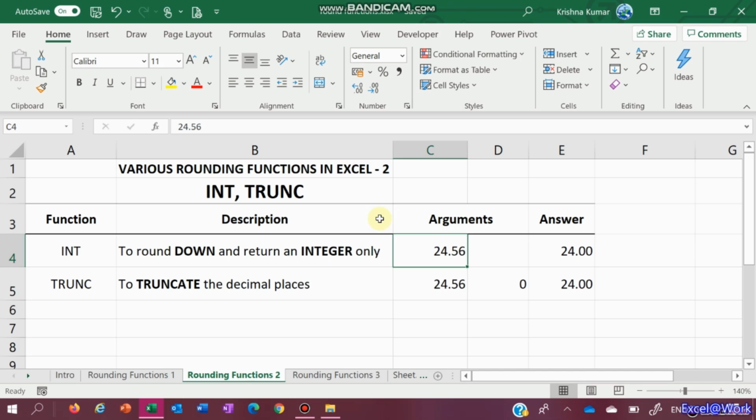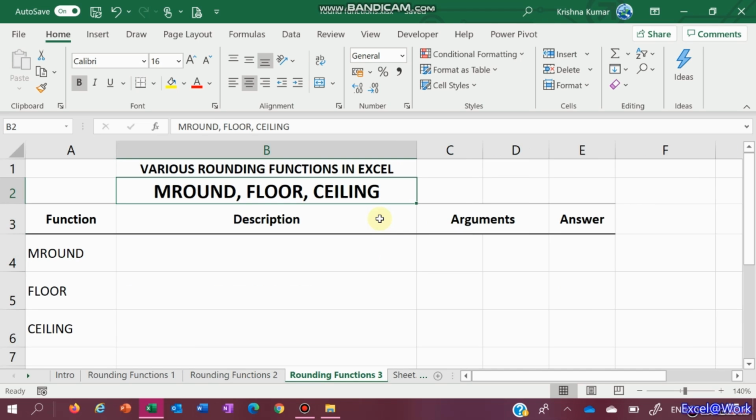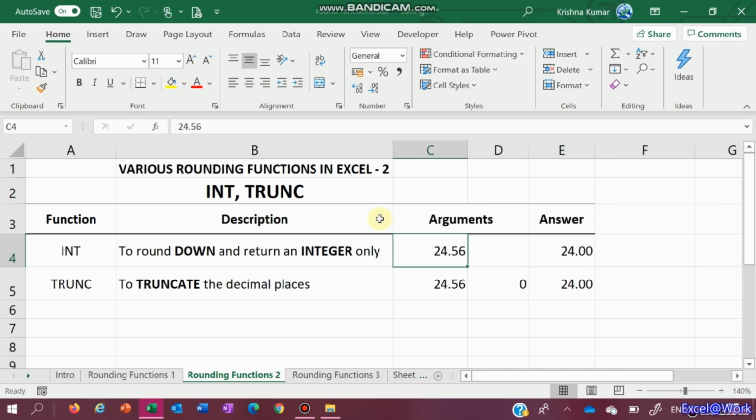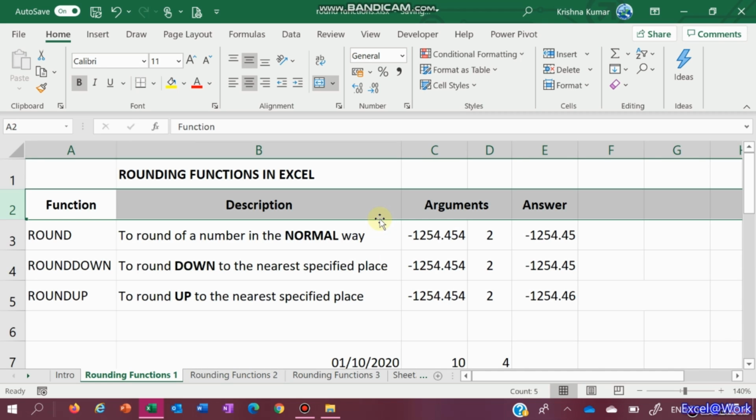We'll now come to the other rounding functions in Excel. These are the MROUND, the FLOOR, and the CEILING. This is similar to the first rounding functions of round, round down, and round up.